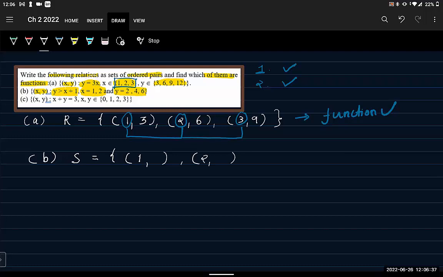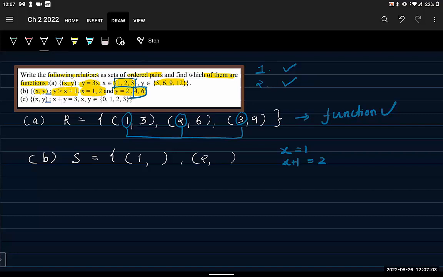The condition given is y must be greater than x plus 1. When x is equal to 1, x plus 1 would become 2. So I should write the values of y which are greater than 2. From the available values, 4 and 6 are greater than 2.